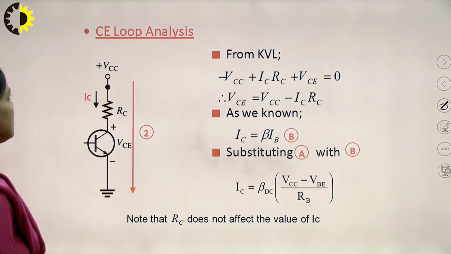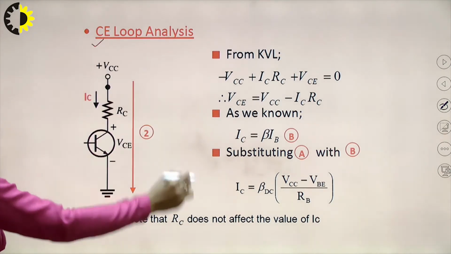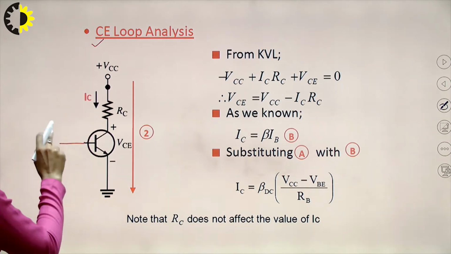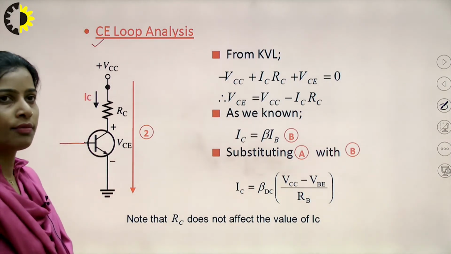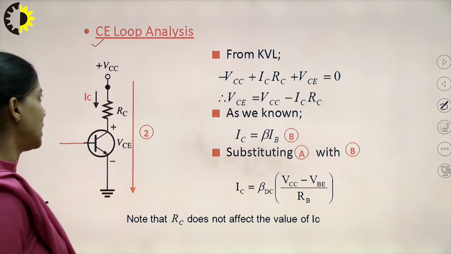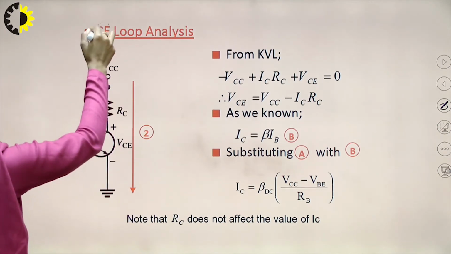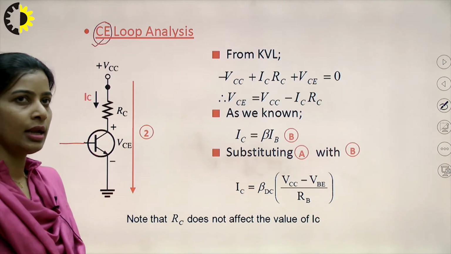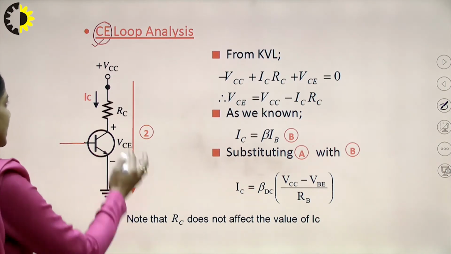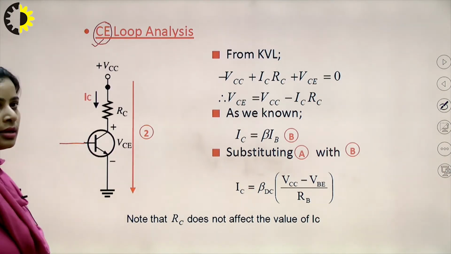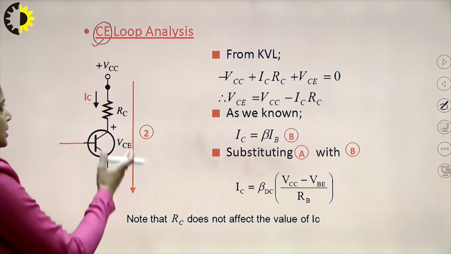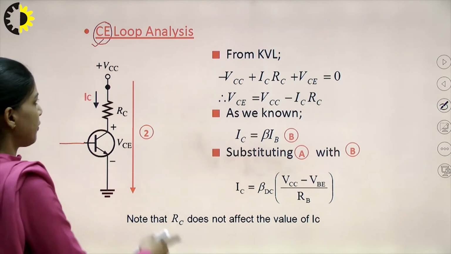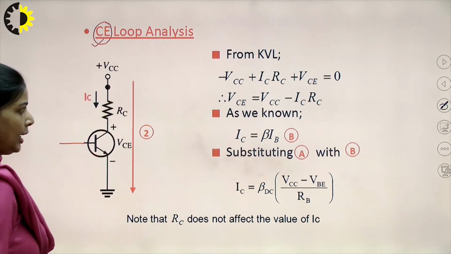Coming to the next, that is the collector emitter loop. In a similar manner, the base emitter loop is there, but I have not considered it for the analysis because right now we are concentrating upon the output loop, that is the collector emitter loop. In the similar way, we will write the KVL equation from collector towards the emitter.